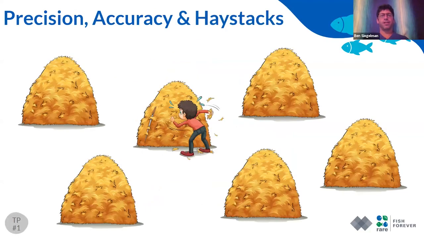We can go back to the needle in the haystack and talk about this too. If my survey is not precise, I get this. All the answers are pointing to different haystacks, and none of them are the right one. If I'm precise but not accurate, everyone's pointing me to the wrong haystack. What we want is this. Everyone's pointing in the same direction, and that direction is the correct haystack.